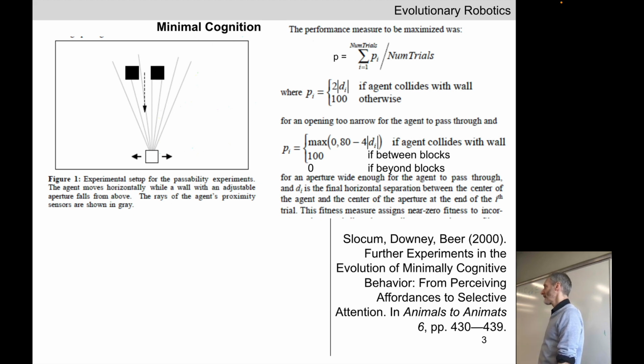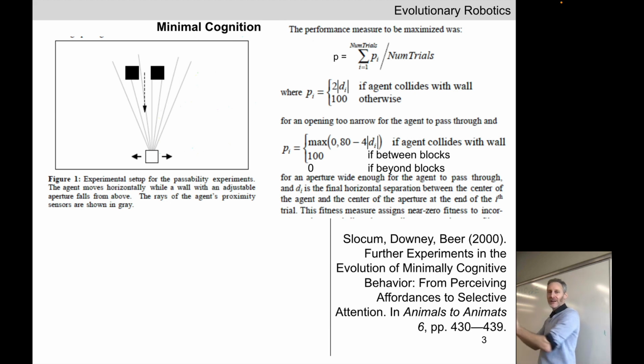The larger D sub I is in that case, that means it made a decision earlier that the gap wouldn't be large enough for it to get through? Absolutely. So if two different CTRNNs in the population both cause the robot to get hit, the one that caused the robot to get hit further out from the center of the aperture gets a better fitness, a higher fitness, because although it still got hit, it's at least heading in the right direction. It's moving away from the center of the pair of objects.